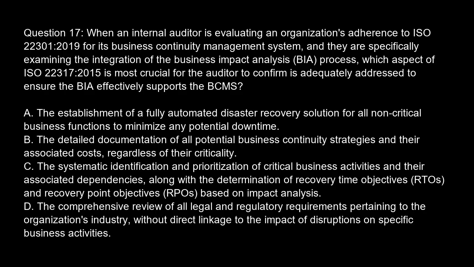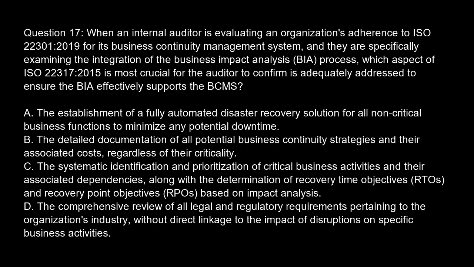Option A. The establishment of a fully automated disaster recovery solution for all non-critical business functions to minimize any potential downtime. Option B. The detailed documentation of all potential business continuity strategies and their associated costs, regardless of their criticality.